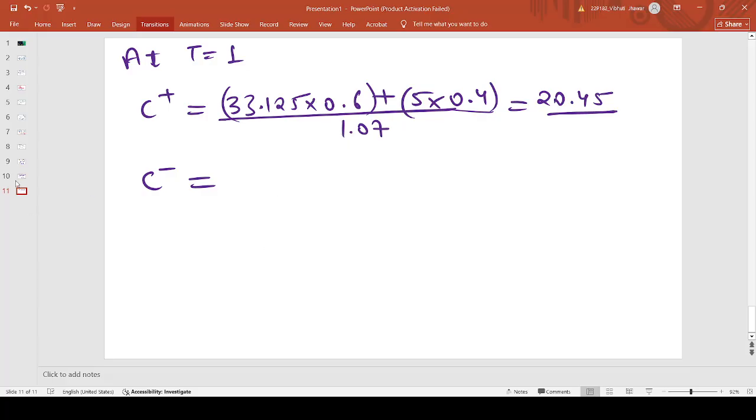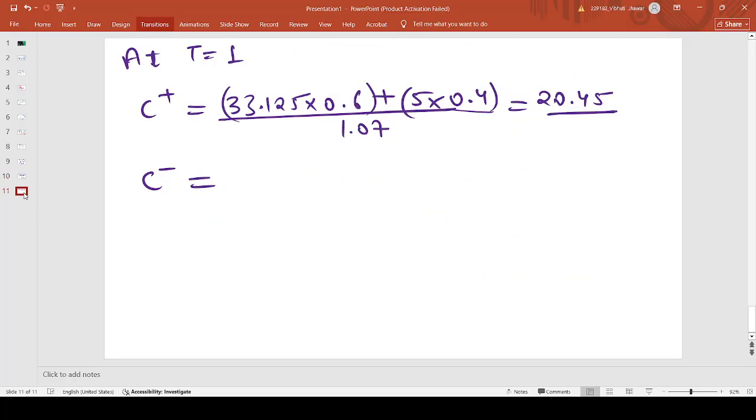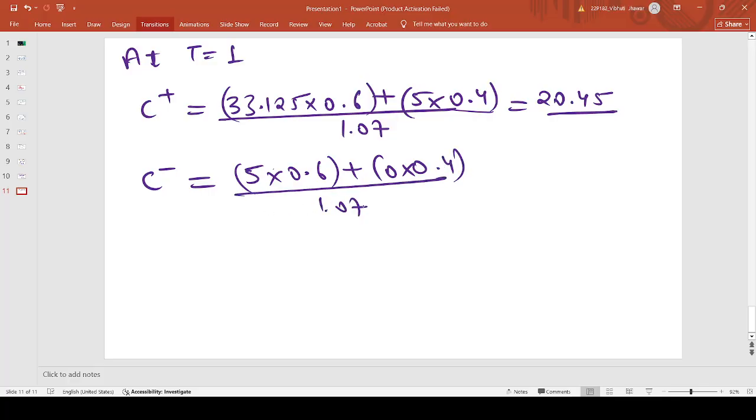So C minus will become 5, the other was 0. So 5 into 60% plus the other payoff was 0 and the chance of going down is 40%. Divided by 1.07, this gives us 2.8. Now, this is at t is equal to 1. At t is equal to 0, we will again do this.